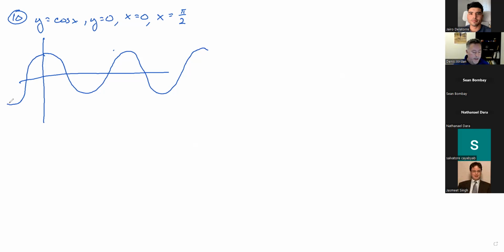So y equals 0 is just the x-axis. x equals 0 is the y-axis. And then x equals pi over 2 could be given anywhere along that curve, but pi over 2 specifically is your first x-intercept.